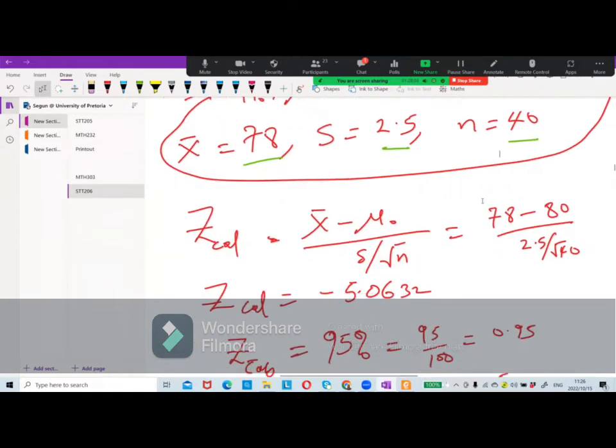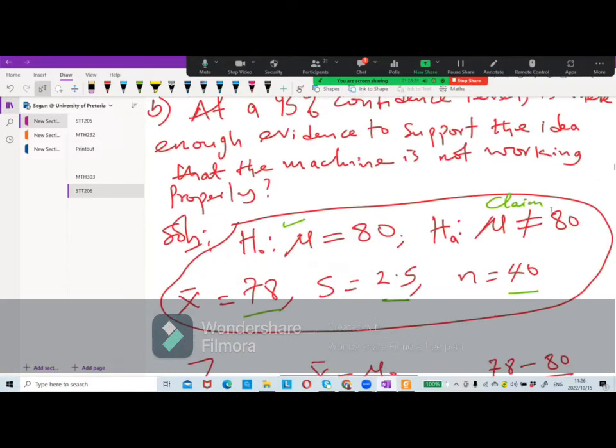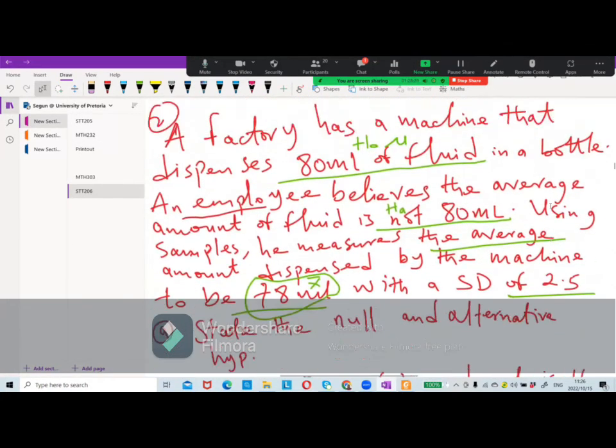Why are we using Z test, please? Because it's a two-tailed test. Because the sample is greater than 30. Yes, it's greater than 30.